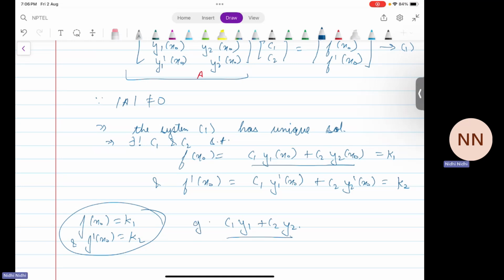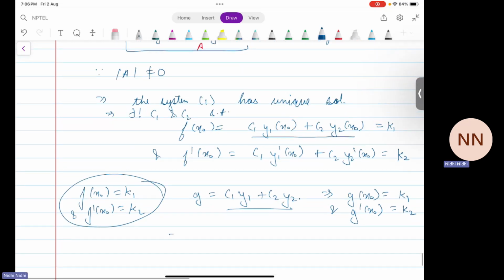If I take this function to be g, what do we get? g x naught is c1 y1 x naught plus c2 y2 x naught, which is equal to k1, and g dash x naught is equal to c1 y1 dash x naught plus c2 y2 dash x naught, which is equal to k2.